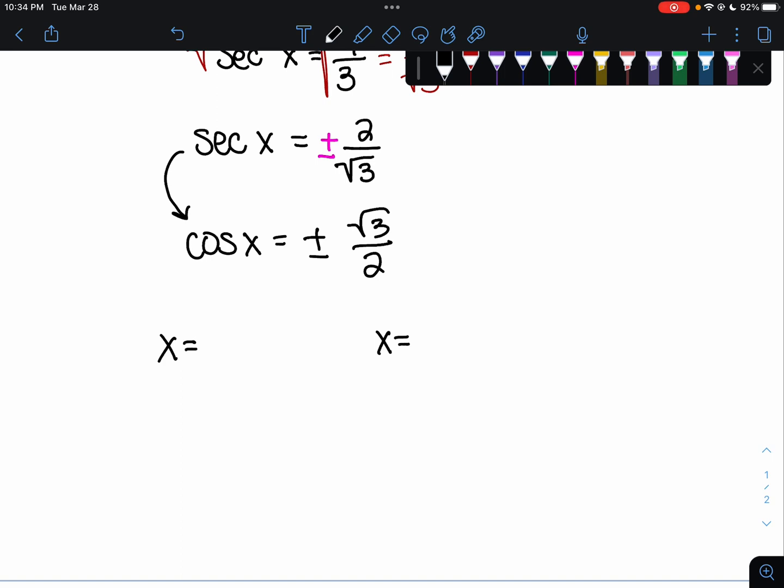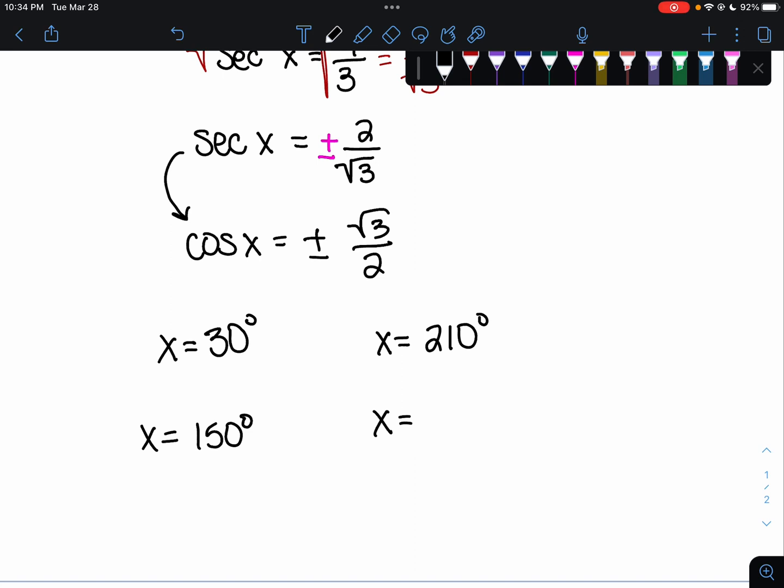In quadrant 1, we're doing degrees, so that would be 30 degrees. If I use my reference angle, in the second quadrant, 180 minus 30 is 150. In the third quadrant, I would add 180 and 30 and get 210.